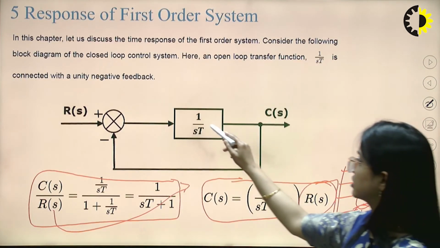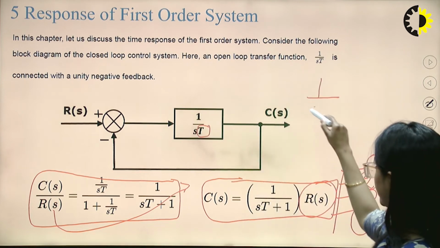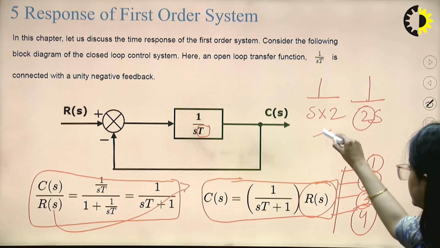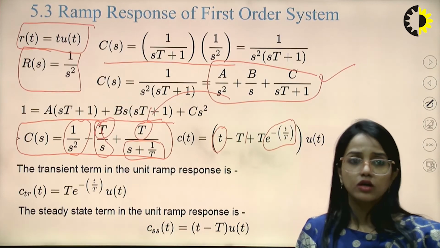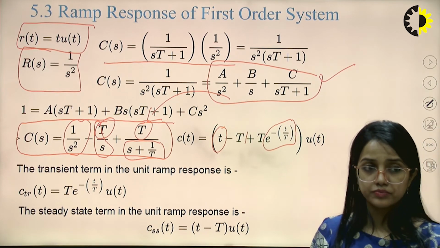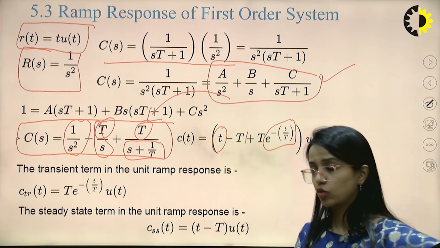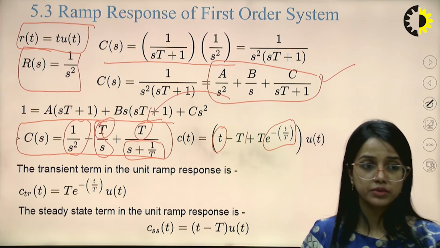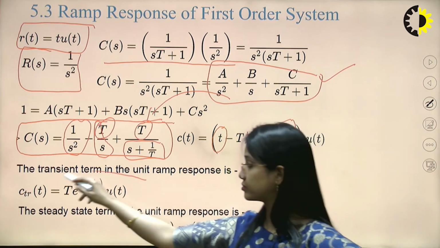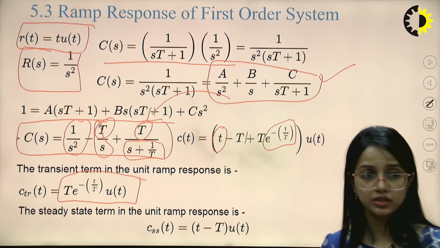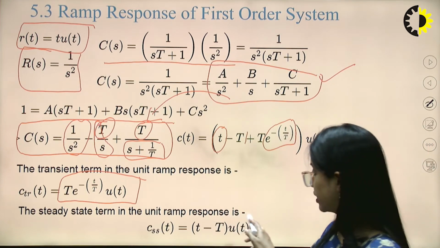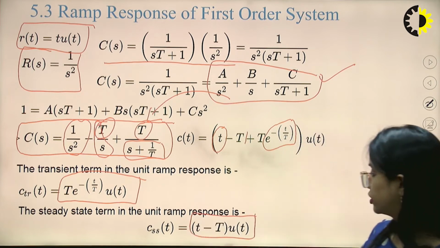Let's say 1 upon s into 2, or 1 upon 2s. So this is capital T here, constant. Now, of course, the term which varies with respect to time will be accounted for as the transient term. So it is e raised to the power minus t/T, and then the term which is the unit ramp, and here we will get t minus T u(t).